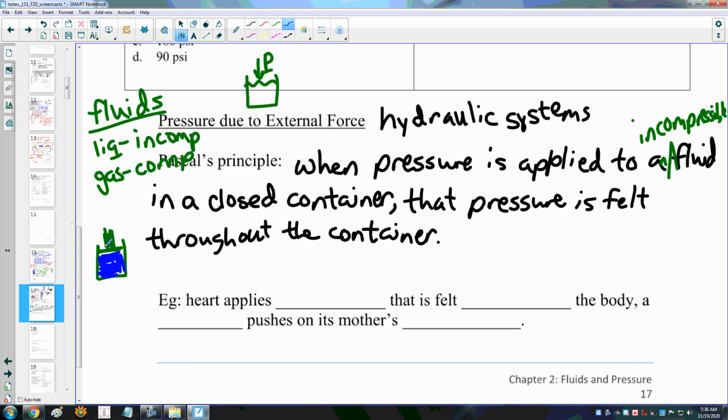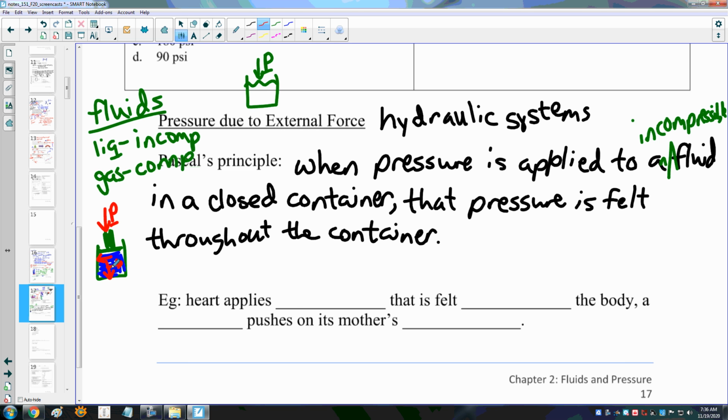It doesn't work with gases because with gases, if I applied a pressure up here, it would just make the volume smaller. But if you have an incompressible liquid, the pressure that is here is exerted on all sides of this container. All throughout the container, that pressure is felt. And it's the same pressure. Whatever pressure you're applying to the piston is applied all throughout the container.